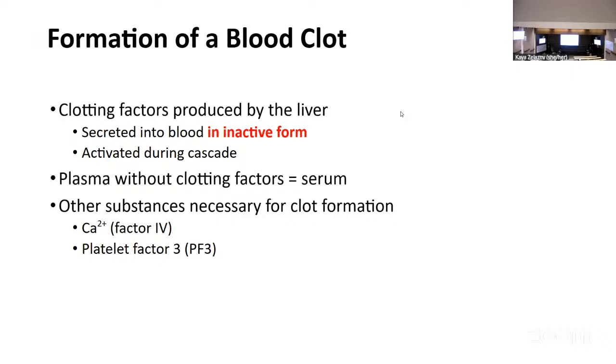So some notes separate from this big flow that we just went through of our blood clots. We also want to know that these clotting factors, like prothrombin, like fibrinogen, but also like that inactive form of factor 10, and all those other inactive forms that we saw in that flow chart, like factor 12, factor 13, it's your liver's job to make them.